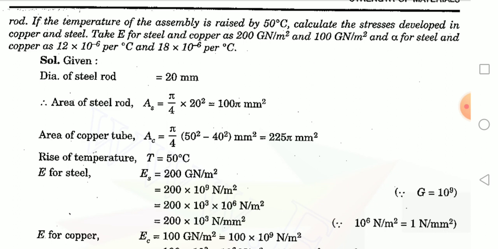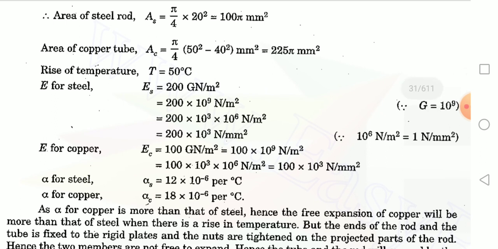Then you know that 1 megapascal, that is 10 power 6 Newton per meter squared, equals 1 Newton per millimeter squared. Therefore here giga, which is 10 power 3 higher than mega, is 200 into 10 power 3 Newton per millimeter squared. Similarly, E for copper, 100 giganewton per meter squared, is 100 into 10 power 3 Newton per millimeter squared. Then the alpha values were given.